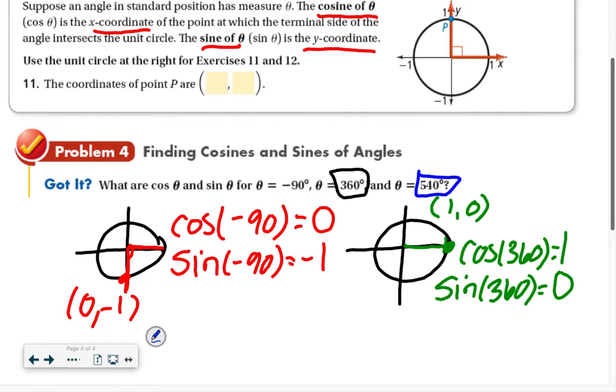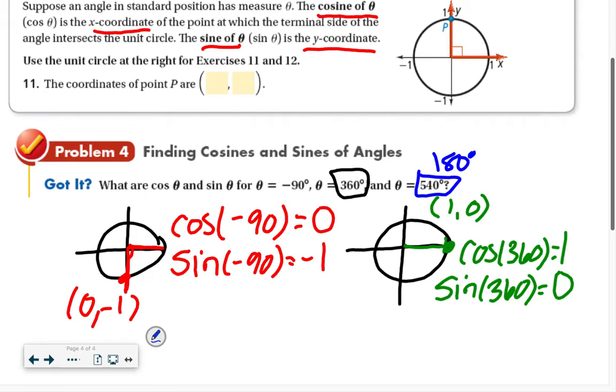What's its co-terminal? Minus 360, yeah. 180. So I can graph 180 and it's the same picture.